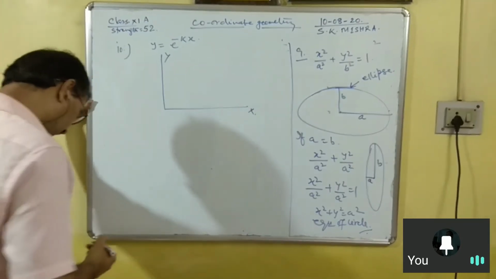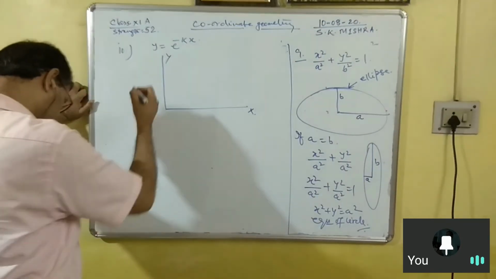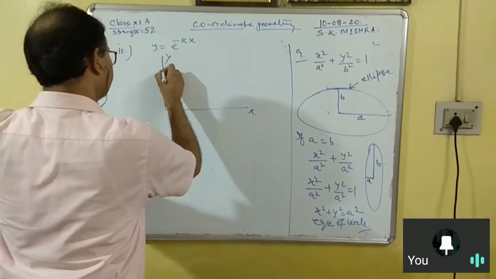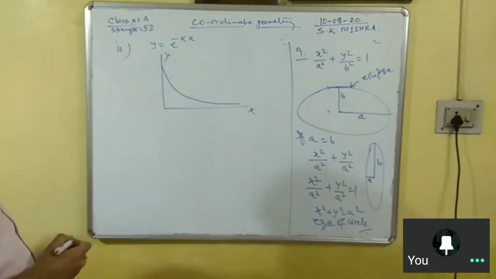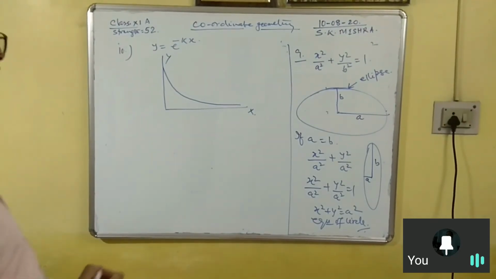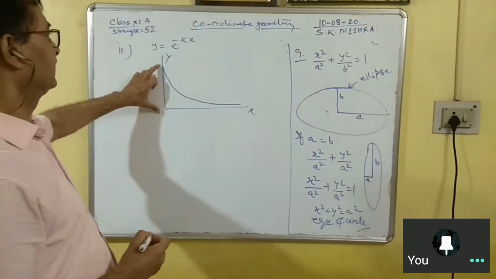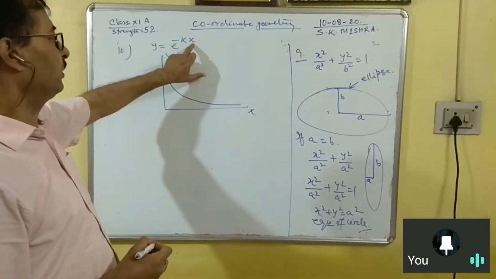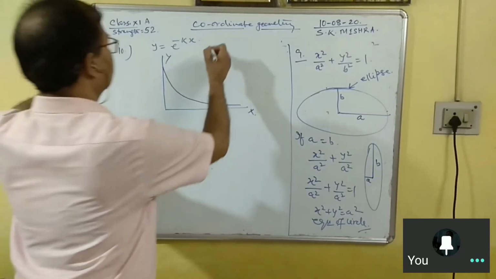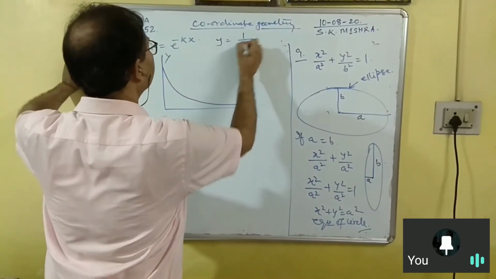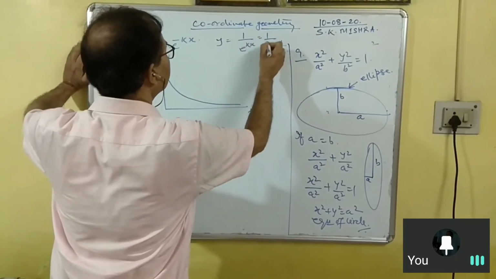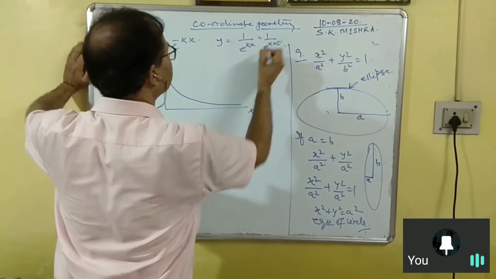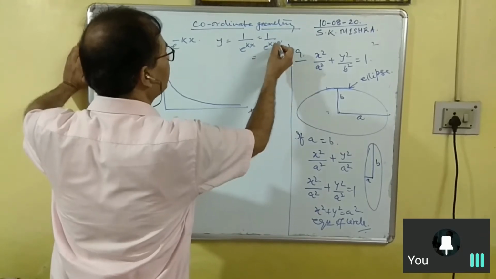Then the graph comes to be like this. So it will intercept the y-axis. Because if you put x 0, then y is equal to 1 by e raised to kx. So this is 1 by e raised to k into 0, so e raised to 0. So this is 1.